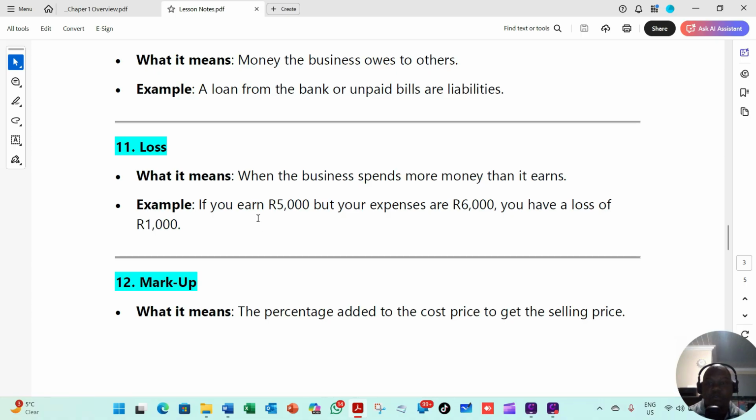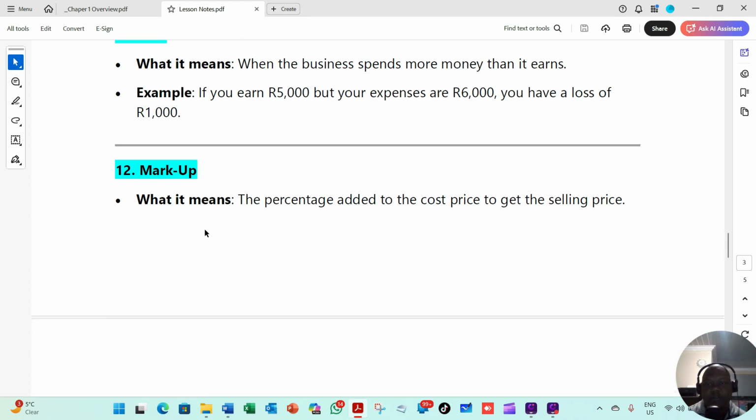You'll actually see this when we do the concept of trading stock deficit, which is a loss. But in this case, it refers to a loss in terms of profit and loss, not that you have lost something.